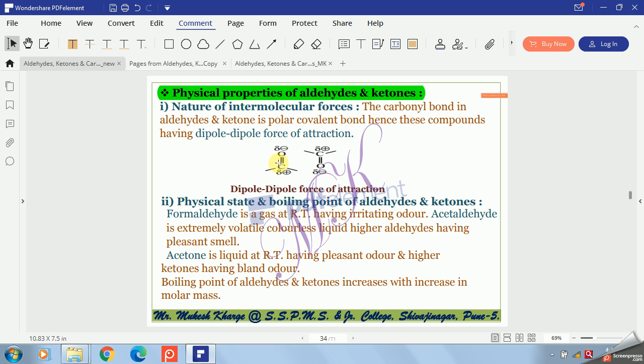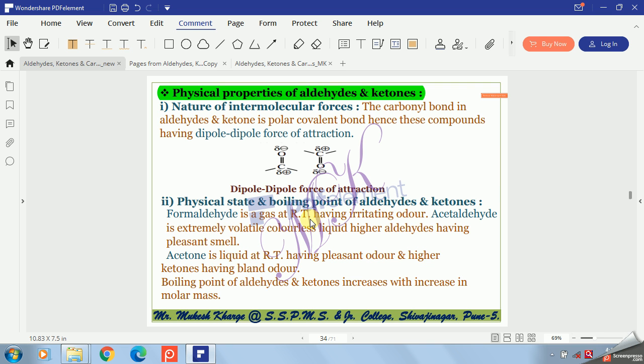And due to this dipole-dipole interaction, some properties are shown by these compounds. So physical state and boiling point of these aldehydes and ketones. Formaldehyde, the first member HCHO, is gaseous in nature at room temperature, having irritating odor. Then acetaldehyde is extremely volatile.